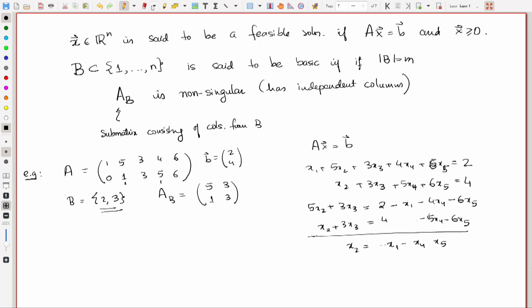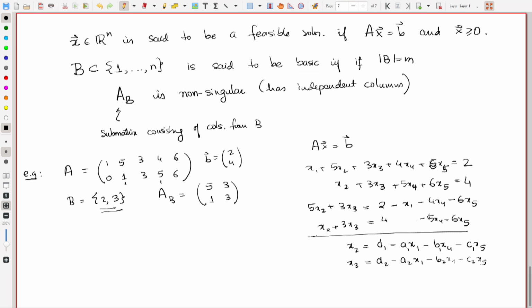To be more specific, I can write x2 is some constant c1 minus a1 x1 minus b1 x4 minus c x5, and x3 is d2 minus a2 x1 minus b2 x4 minus c2 x5. So, I can write x2 and x3 in terms of the other variables, and then whatever.